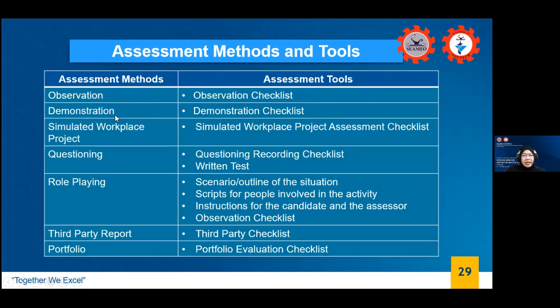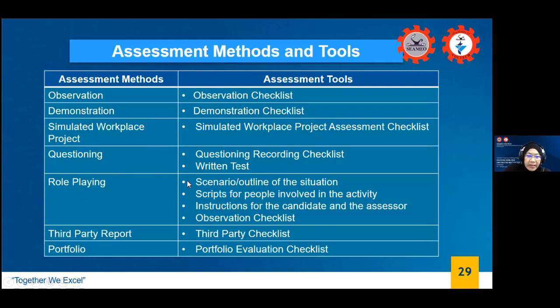Okay. Observation, what is the tool? Observation checklist. Demonstration, demonstration checklist. Simulated workplace project, simulated workplace project assessment checklist. So mainly it's all checklists. Questioning, questioning recording checklist. Sometimes you use also written tests.